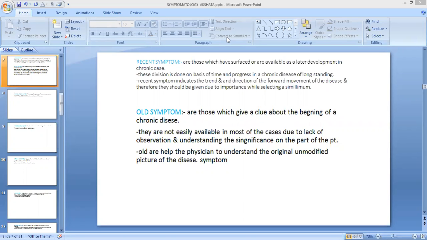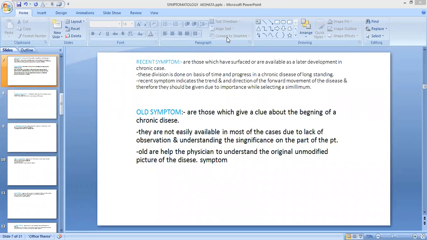So with the help of the recent symptoms, we are able to find out the trend of the disease, whether it is progressing or at a recurring stage.